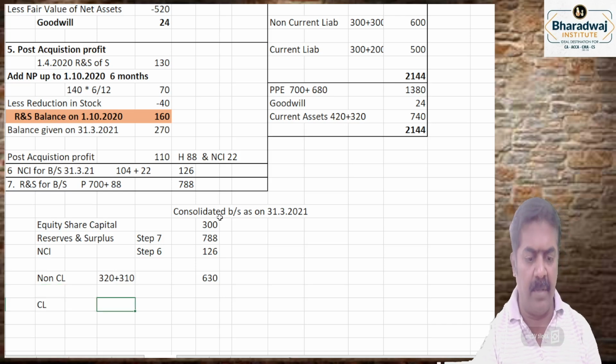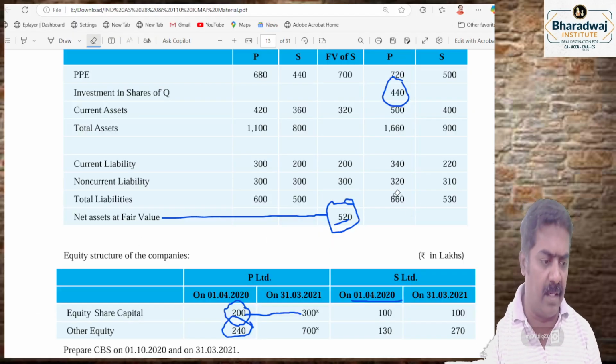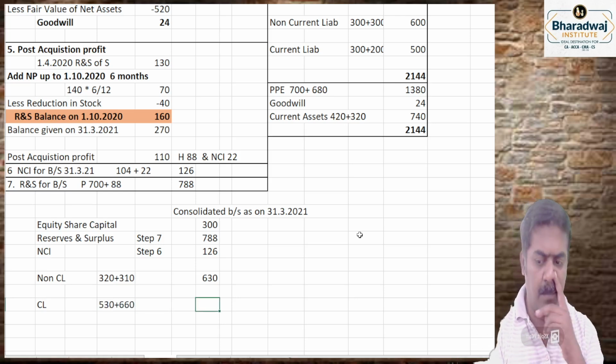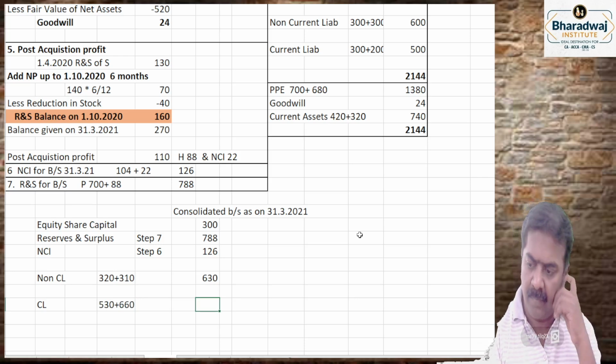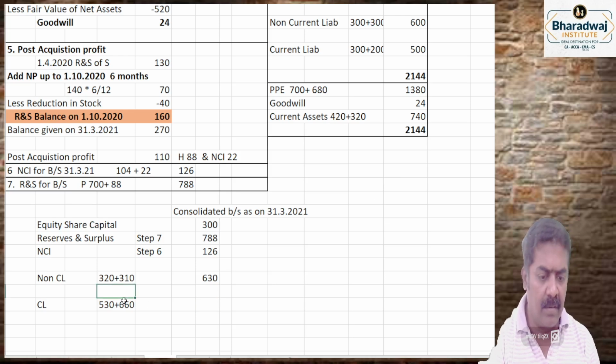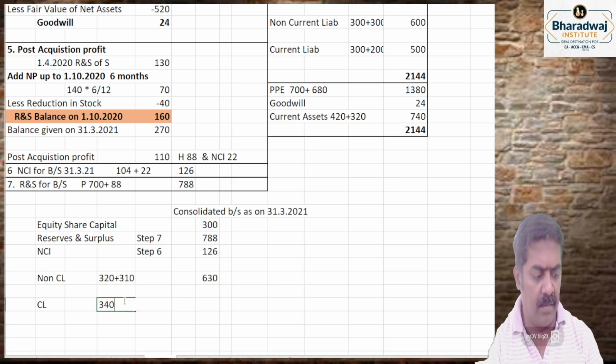Next, current liability at the end of the year, 530 plus 660. How much?